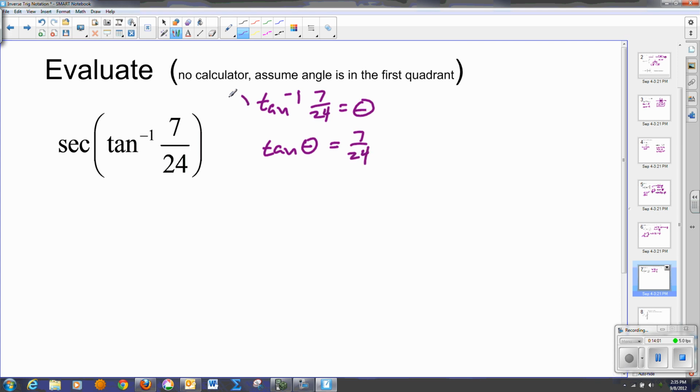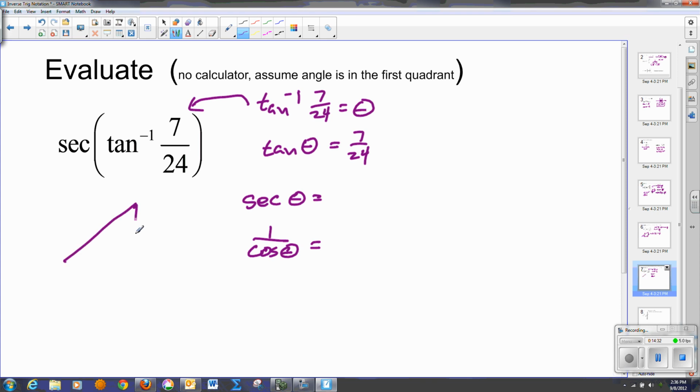And substituting the inverse tan function for theta, I can say the secant of theta is equal to some unknown. Well, the secant is just 1 over the cosine. Is equal to some value. And that's what I'm trying to find.